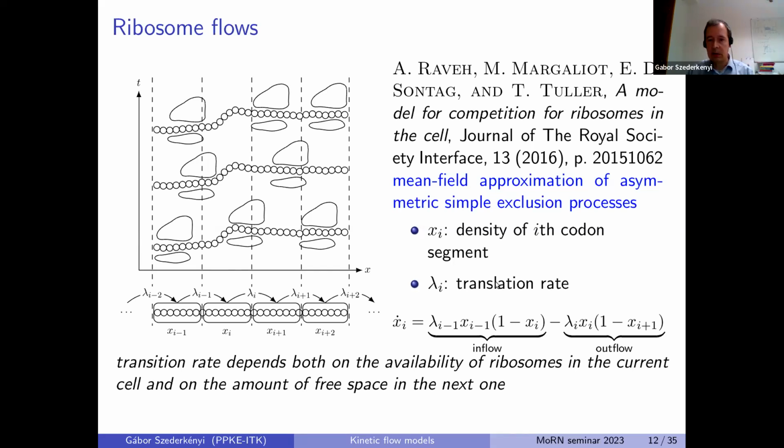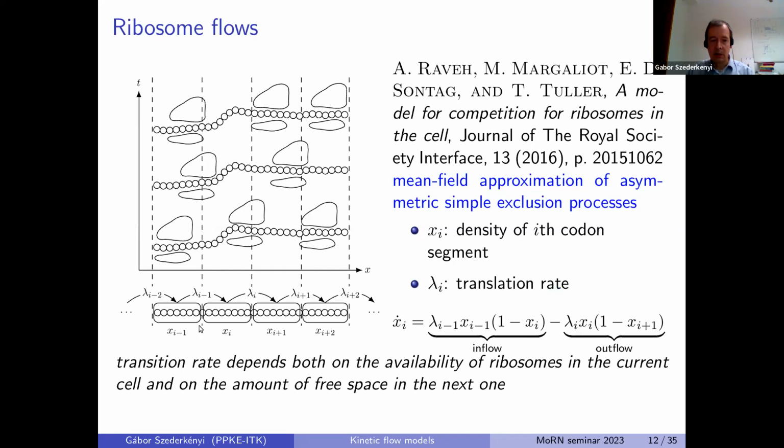And these models work like this. The density on the i-th codon segment is determined by the inflow and the outflow, of course. So this is a balance equation.